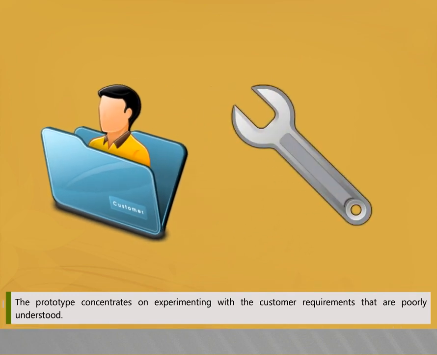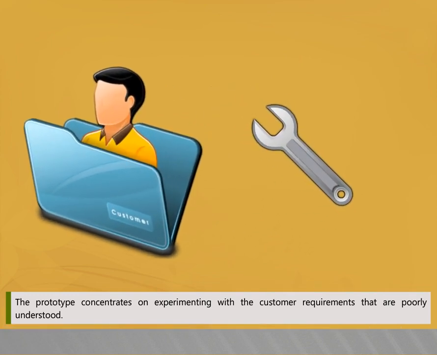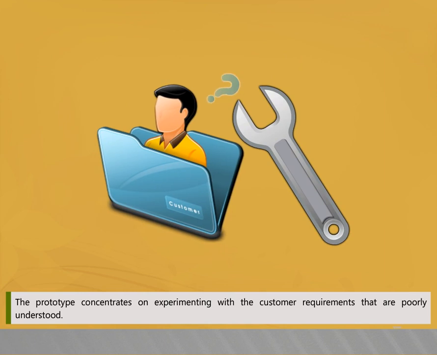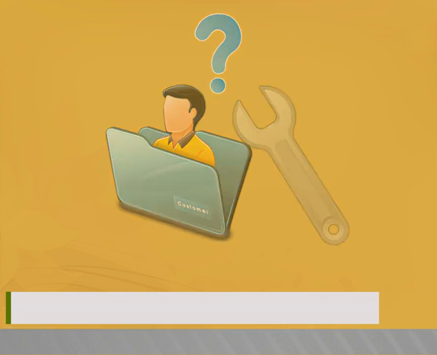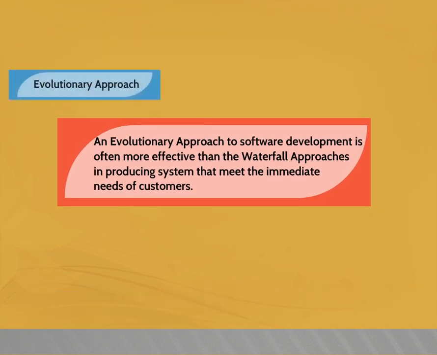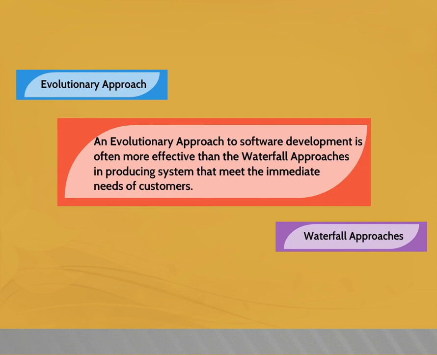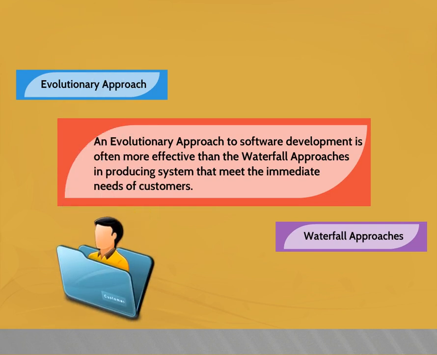The prototype concentrates on experimenting with the customer requirements that are poorly understood. An evolutionary approach to software development is often more effective than the waterfall approaches in producing systems that meet the immediate needs of customers.